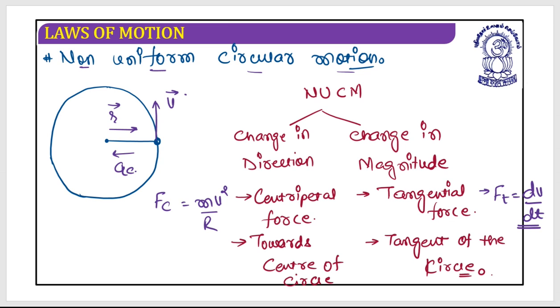So we must have two forces that play a role when I talk about non-uniform circular motion. I have already drawn the AC, the centripetal acceleration. Now, what about the tangential force? It always acts tangent to the circle. It could be in this direction, if I denote it as AT, or it could be in this direction.